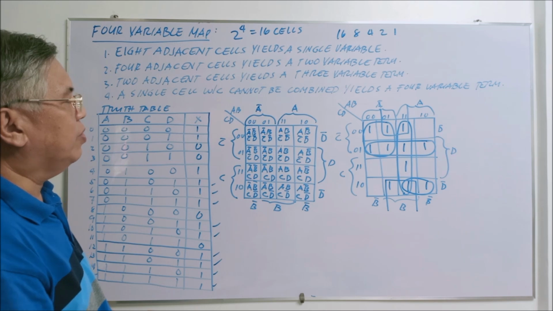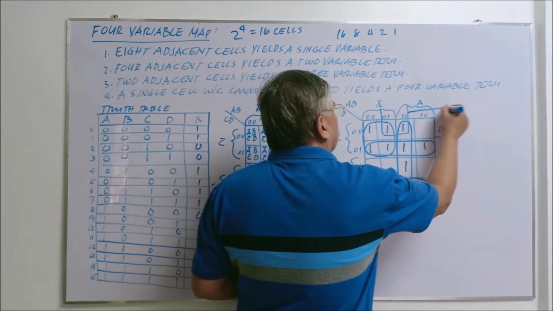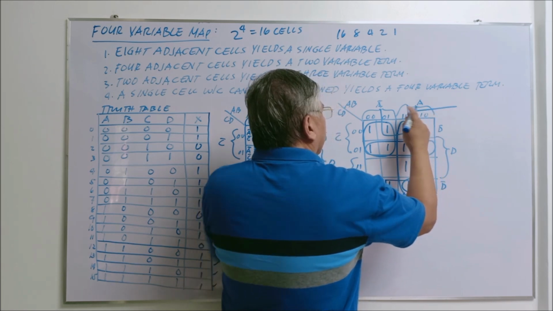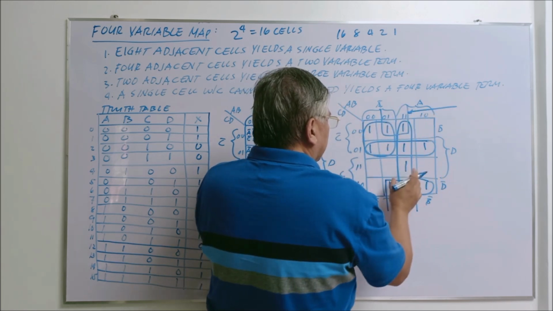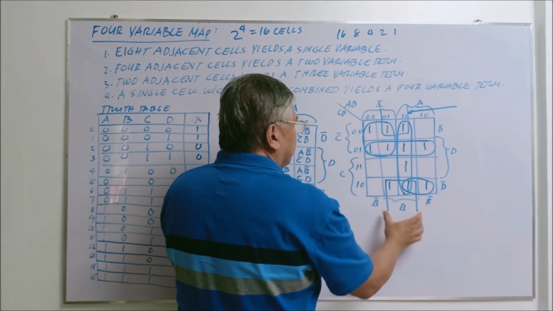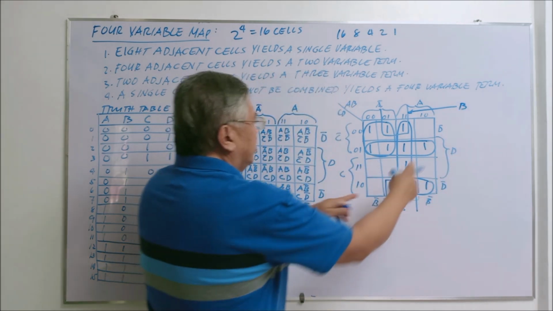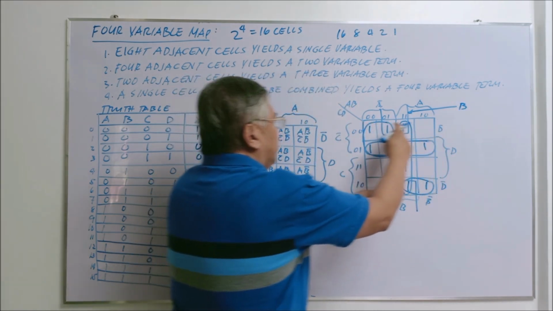Okay, so what will be our equation? So for this particular group, 4 adjacent cells, this one here and this one, this belongs to what? This is under B. Okay, and then under D bar.